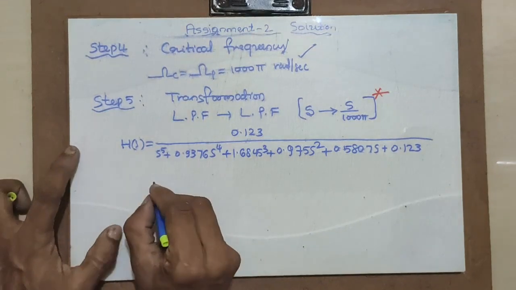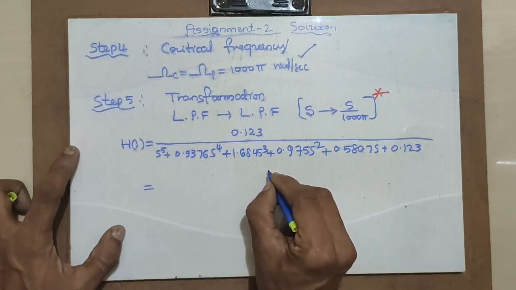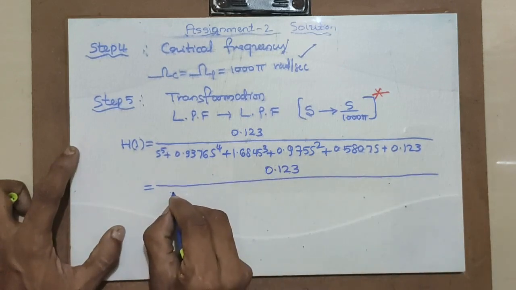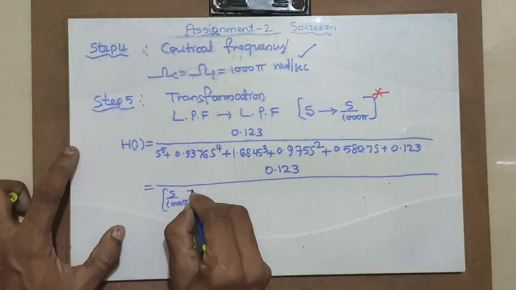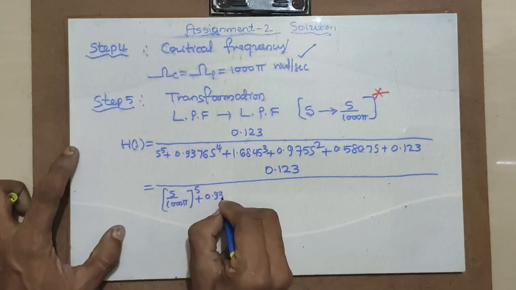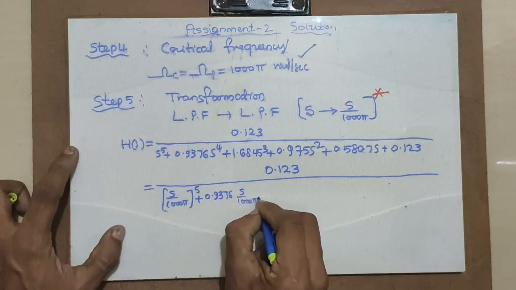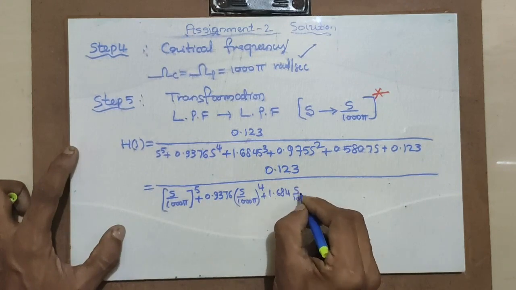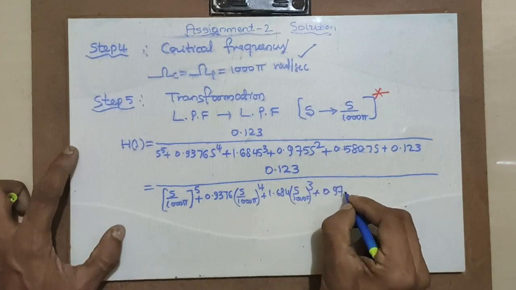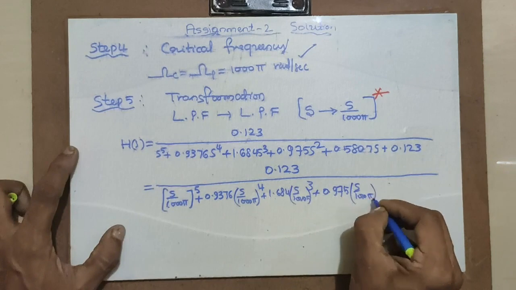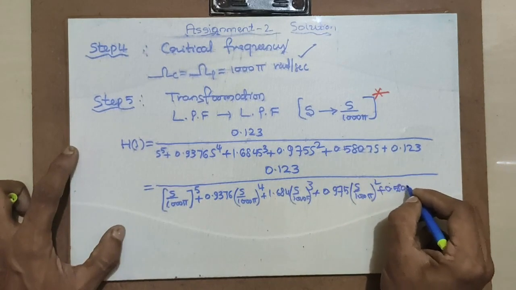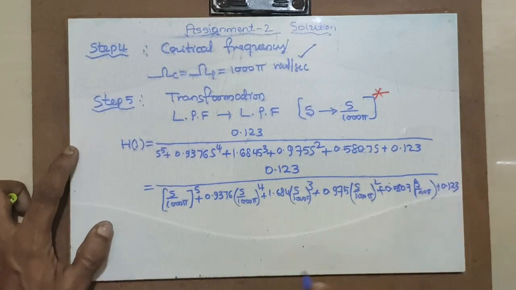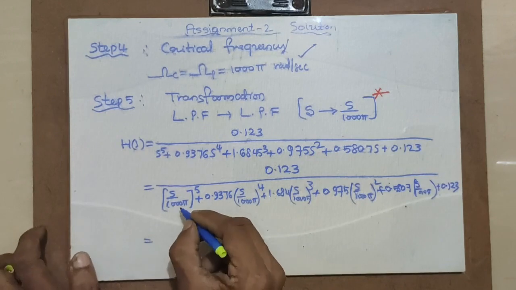Now what I have to do is, in the above equation, wherever s is there, you substitute s by 1000 pi. 0.123 whole divided by (s/1000 pi)^5 + 0.9376 (s/1000 pi)^4 + 1.684 (s/1000 pi)^3 + 0.975 (s/1000 pi)^2 + 0.5807 (s/1000 pi) + 0.123.